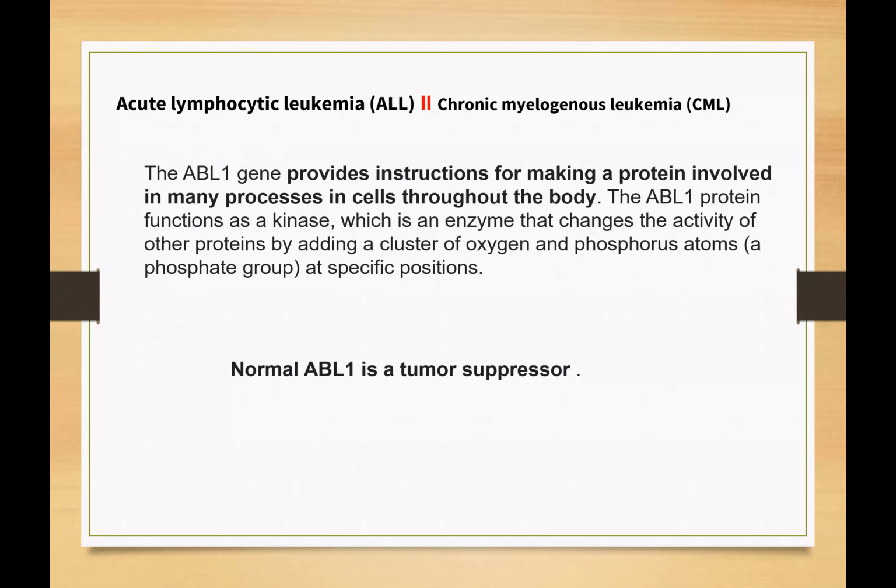Target proteins which are involved in cell proliferation and another process we call apoptosis. And both these processes are very important for normal cell growth and development. That is division and apoptosis. Okay. So in ALL or CML, the involvement of this gene is seen.